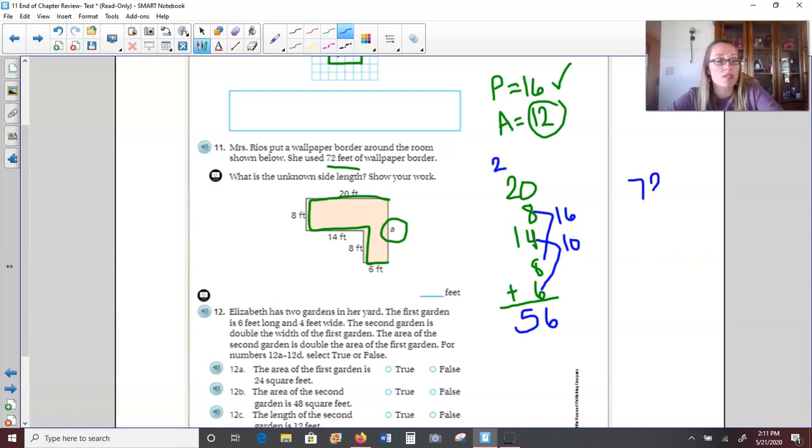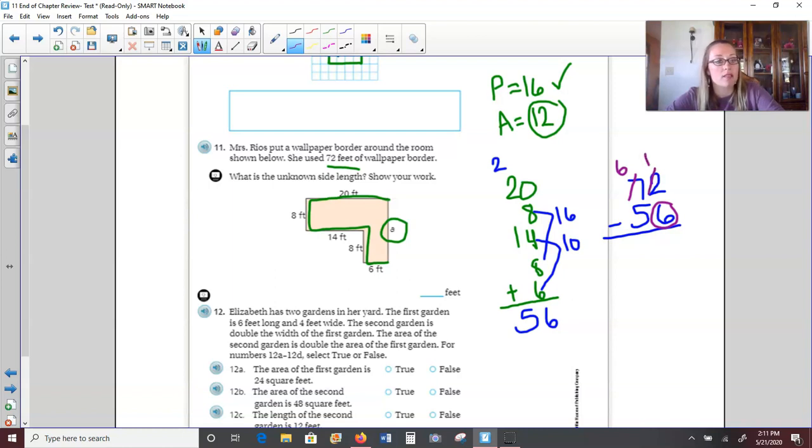She used a total of 72, so we need to figure out that missing length. That means we need to subtract. And in this case, we need to do a little regrouping because when we see more on the floor, we got to go next door. So our 10s drop to a 6.